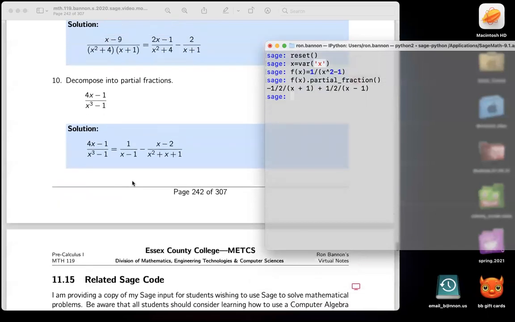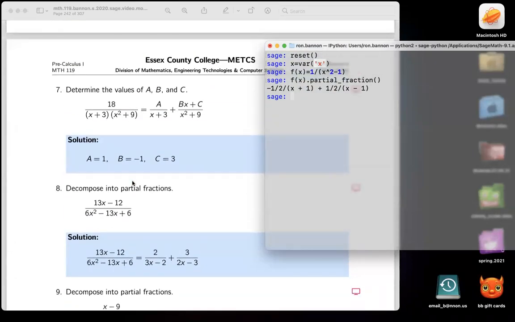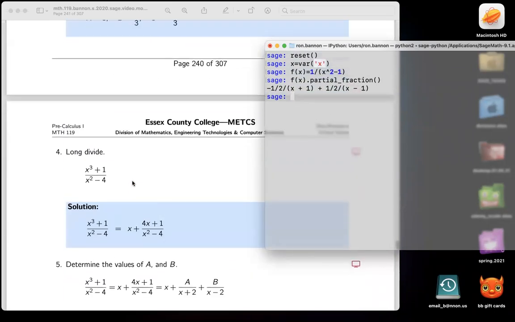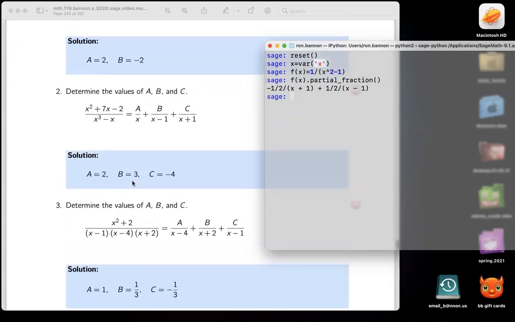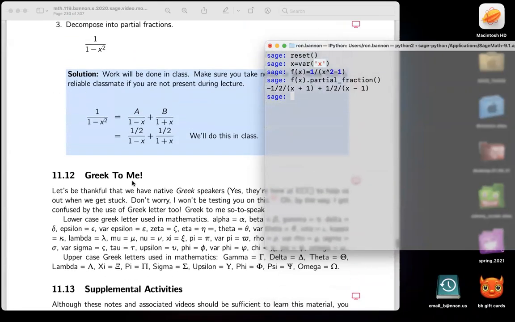Let's scroll back over the notes. I'm looking for 1 over x squared minus 1. Right here. What's the answer? Well, 1/2 over x minus 1, I've seen that right over here, plus 1/2 over 1 plus x.